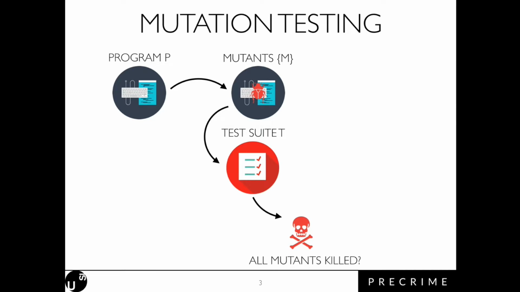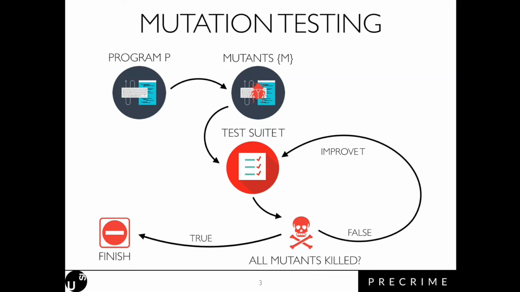So we want to check if not all of the mutants are killed by the test suite, so some of them survived. We get the intuition that we need to improve our test suite, because we know that we tested it on a faulty system, and it passed. So it wasn't able to find the fault in our system. But if all of the mutants are killed, we can finish the testing process.